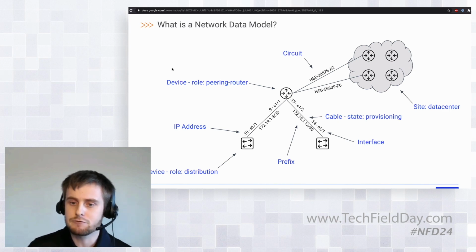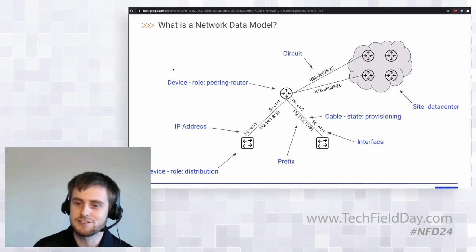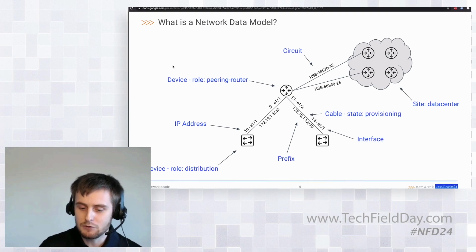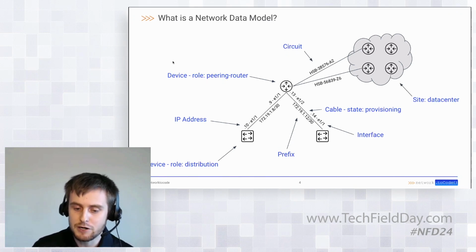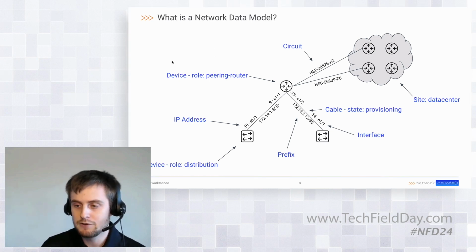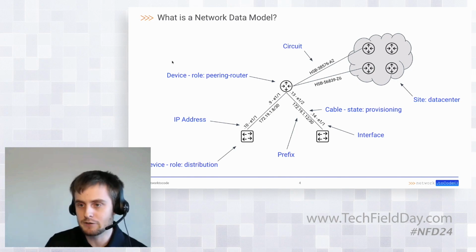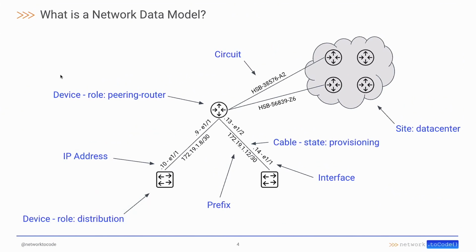Again, to do effective network automation, we need all of the data that represents our network. So if we take a network design that Jason talked about, fundamentally network automation is very successful when we base it off of the principles of the network designs that we're trying to actually implement in the real world. If we take one of those and think of a network diagram here, we can start to pinpoint all of the different types of data that we need to model to create our source of truth.